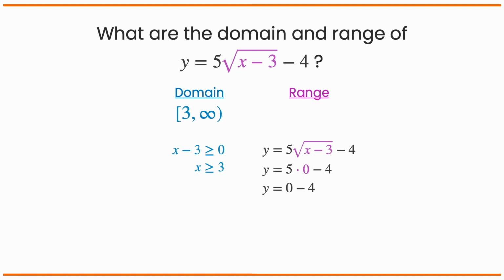Simplifying the right-hand side, we see that when the radical equals 0, y equals negative 4. This could be the minimum or maximum value of our range, but because the radical has a positive coefficient, we know that the y values will only increase as the value of x increases. So our range is all y values greater than or equal to negative 4.